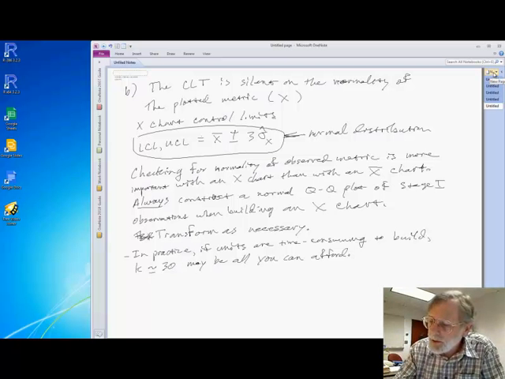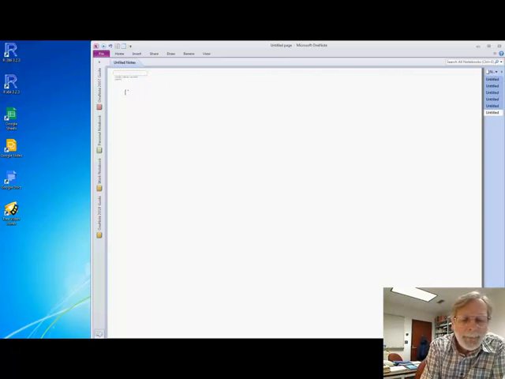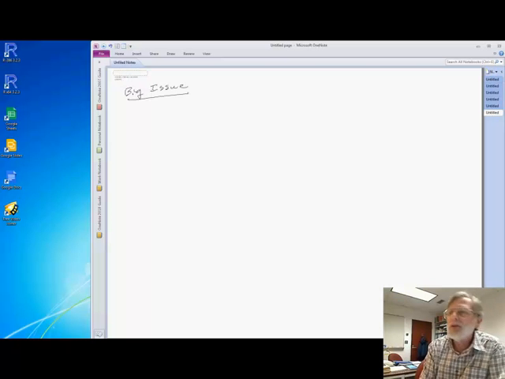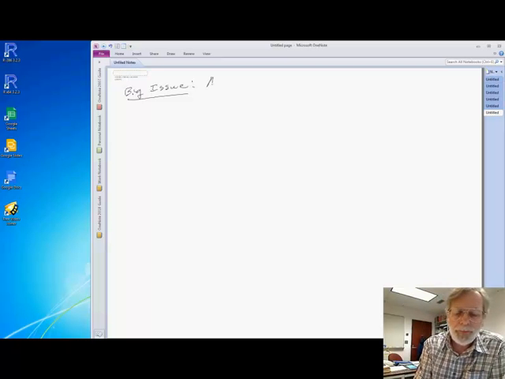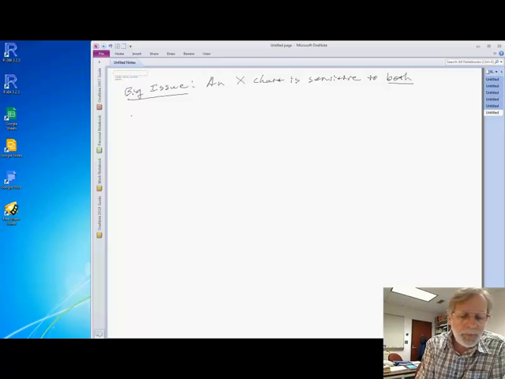Unfortunately, there's a big issue with this idea. Big issue is what I'll say then, because I said big issue. Big issue is this. Well, an X chart is sensitive to both mu shifts and sigma shifts.